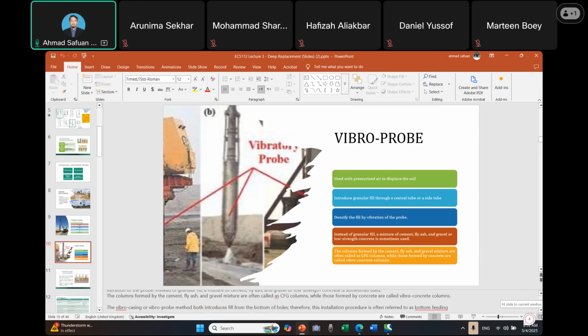The one that we have discussed before is the top feed. This vibro probe they call bottom feeding.